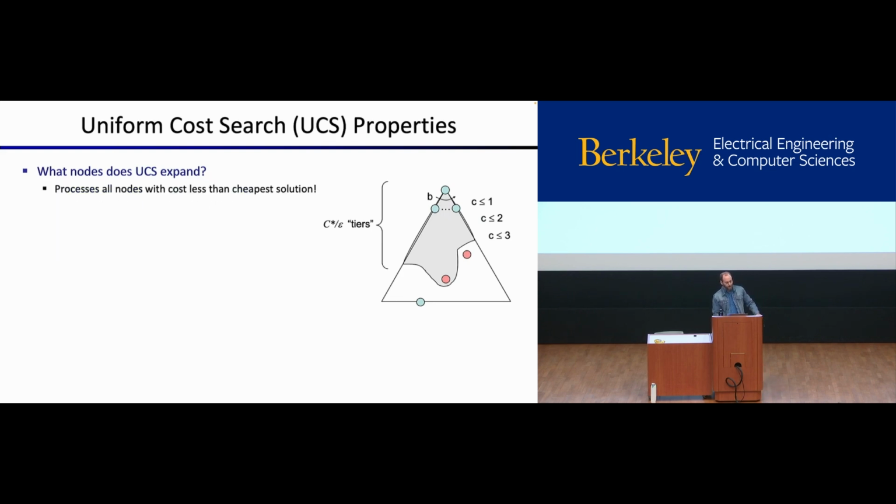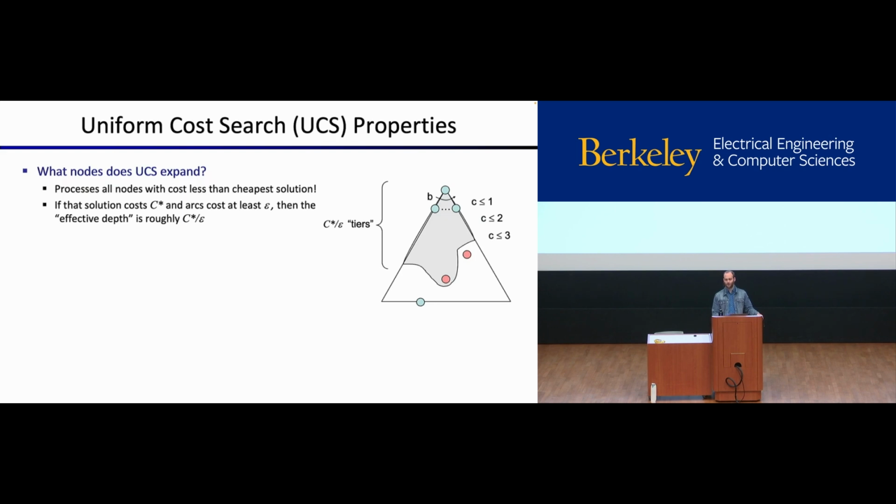So this processes all nodes with less cost than the cheapest solution. This is an observation that will be useful for figuring out the resource requirements. So if the solution costs C star, that's the sum of the costs of all the actions on the way to the solution, which minimizes the cost. And each action has a cost of at least epsilon, then it can't take more than C star over epsilon steps.